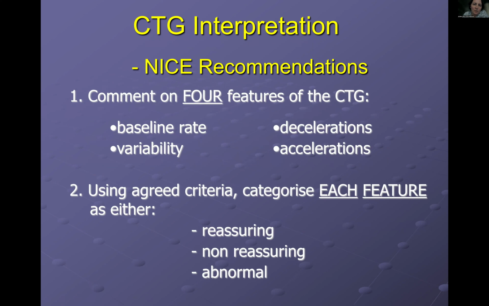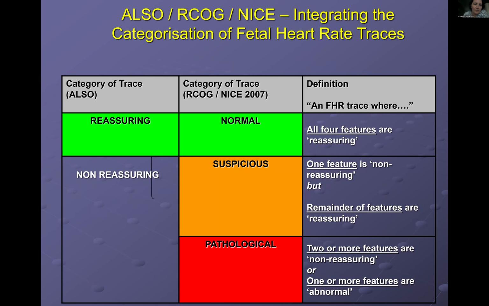It is recommended that the birth attendant documents this ideally every hour. So it's either normal, meaning that all the criteria like baseline rate, variability, accelerations are all reassuring, or non-reassuring, basically suspicious or pathological. You usually put them under the same umbrella because that means you're going to have to do something about it.